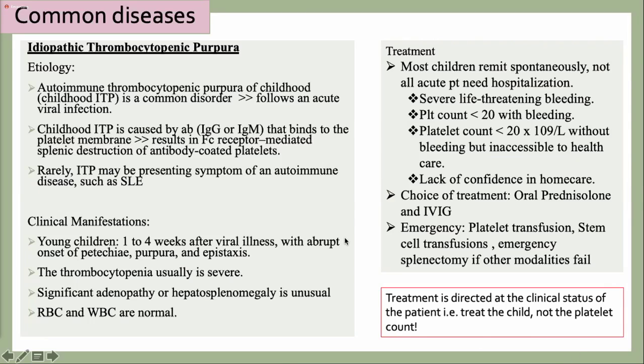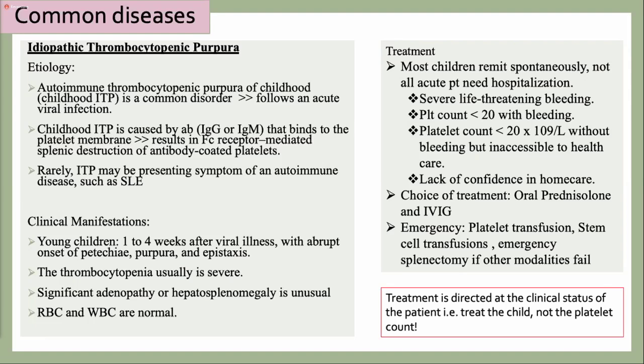Is it methotrexate? No, anti-D is true. So Rogam, anti-D, is another good drug that you can use. But usually it's not the first line. You try with prednisolone and immunoglobulin first, and if it doesn't work, then you can consider giving anti-D, which is Rogam. I've seen a few patients that needed Rogam, and they responded quite well.